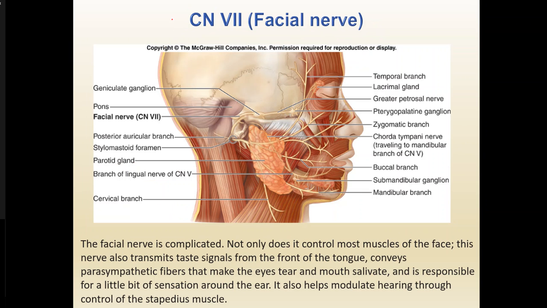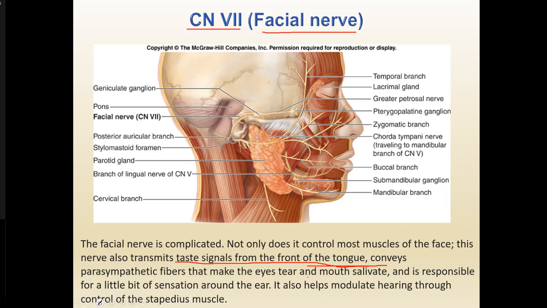Okay, so then we're gonna look at the CN7, which is your facial nerve. Okay, and your facial nerve is very complicated because it controls most of the muscles of the face, but also transmits taste signal from the front of the tongue. Okay, it conveys parasympathetic fibers that make the eyes tear and mouth salivate, and it's responsible for also a little bit of sensation around the ear.